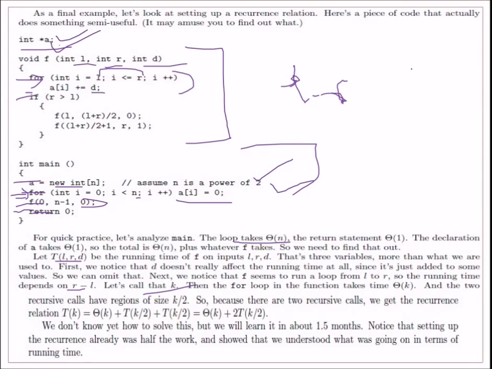Since we have taken a decision, we call this region K, and inside this if there are two f's, this will be K by 2 and this will be K by 2, and we have already computed the loop as theta K. So the actual running time will be theta K for the loop, T(K/2) for the first f, and T(K/2) for the second. So it will be theta K plus 2T(K/2).